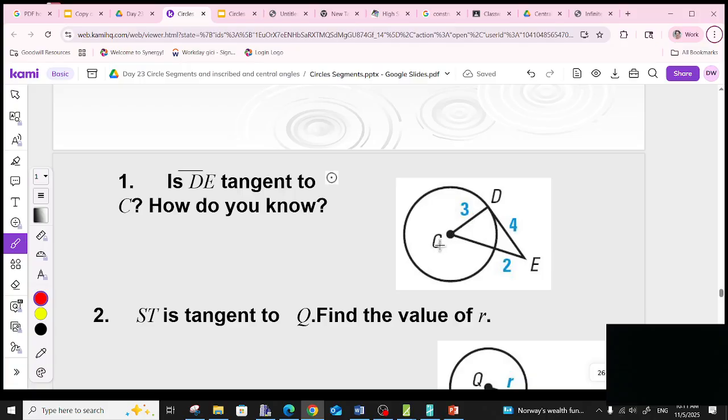What do you know about all radii of a circle? What do you know about all the radius? They're the same measure. So if CD is 3, what is from here to here? 3. And the whole length is 5.